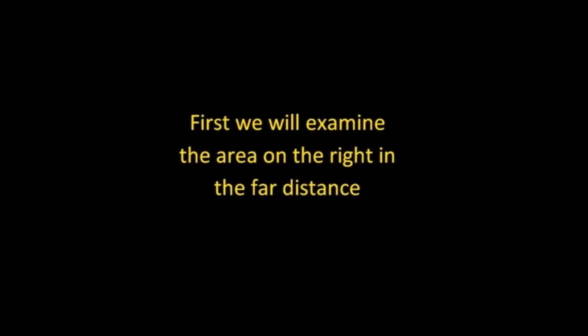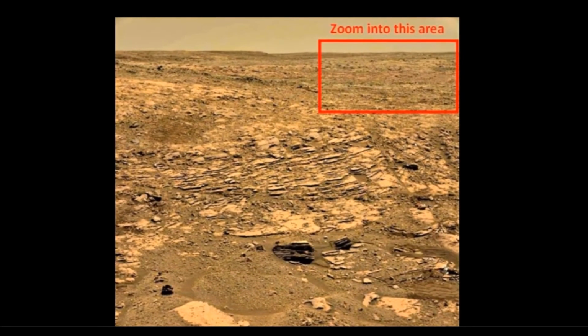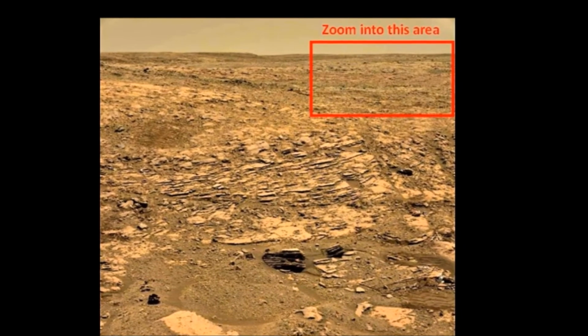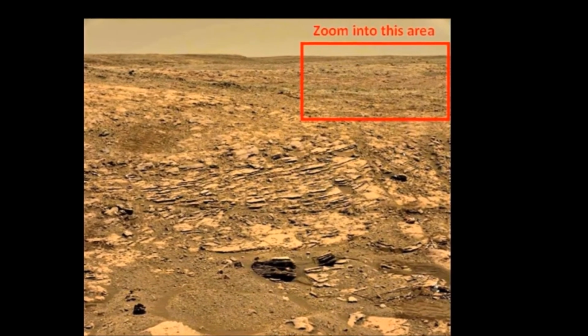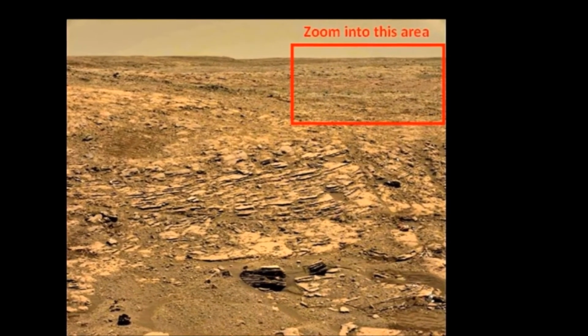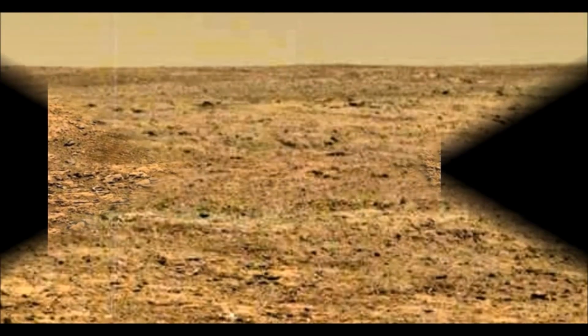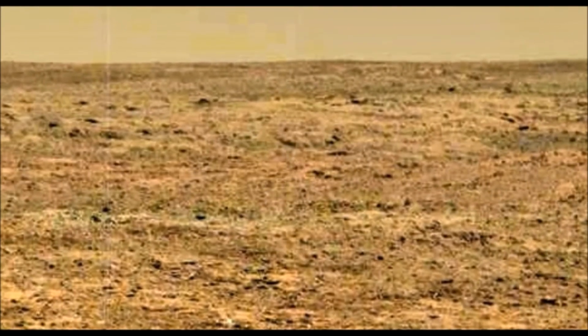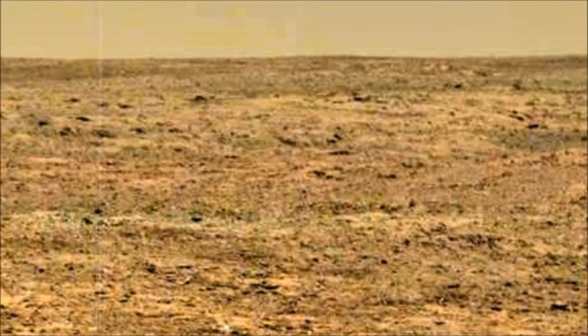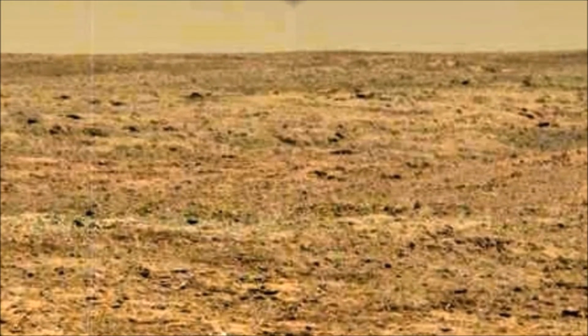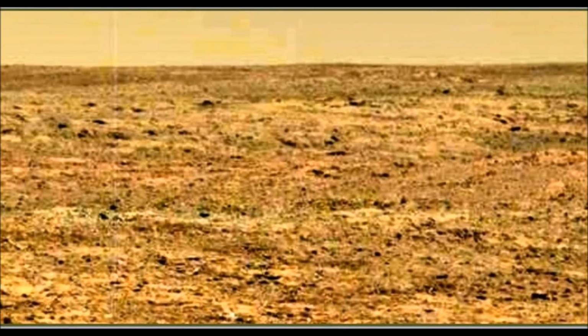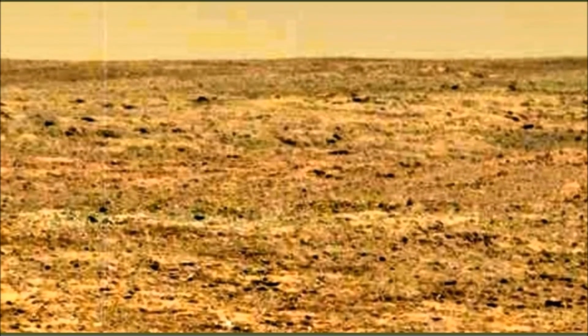So let's examine the area at the far distance on the right. This is the area. We'll zoom into there. So there we are, we zoomed into it. I think we should enhance it just a little bit more. That makes it a little bit clearer for everyone to see.